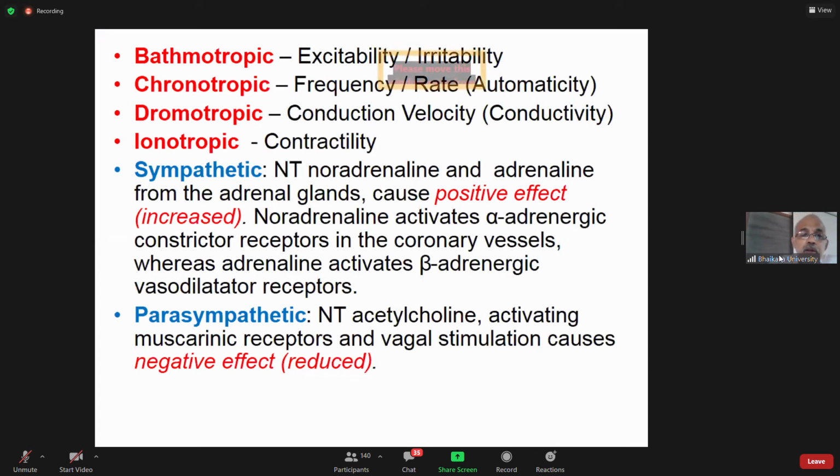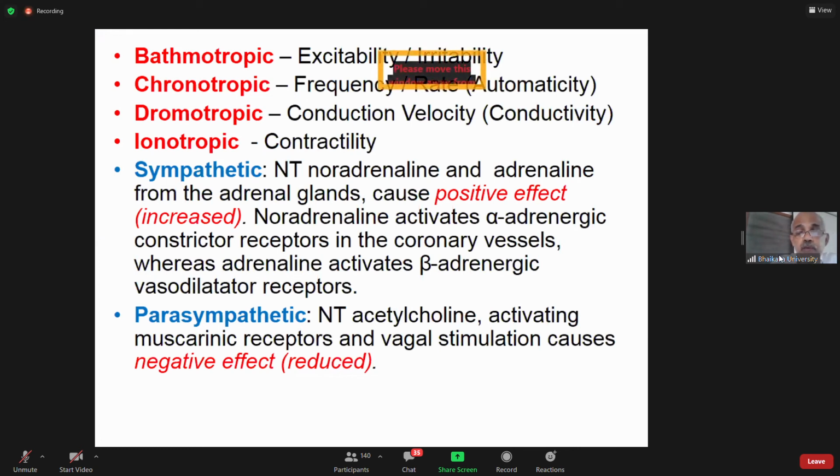For example, if there is sympathetic stimulation, it can have a positive inotropic, positive bathmotropic, or positive chronotropic effect. Parasympathetic stimulation, vagal stimulation, has a negative effect, negative inotropic or negative chronotropic.